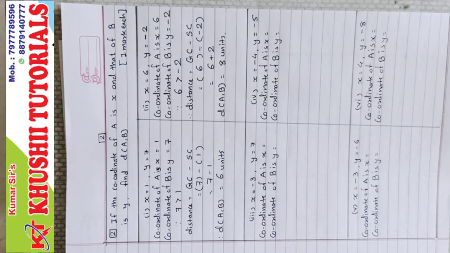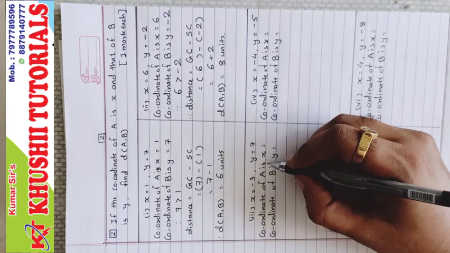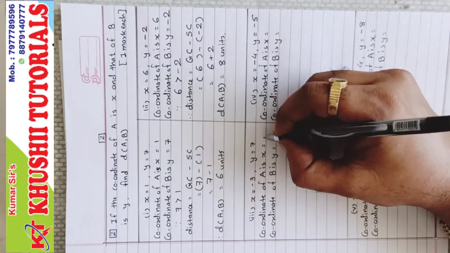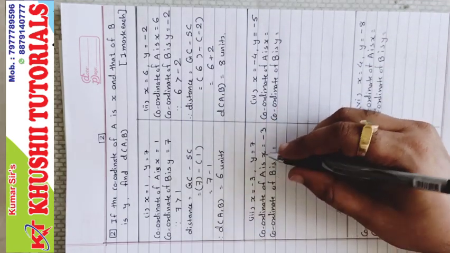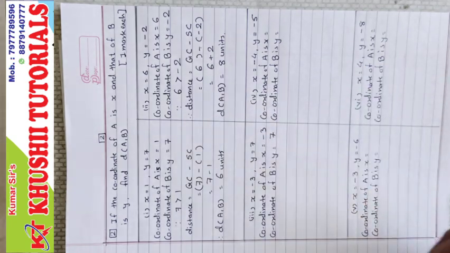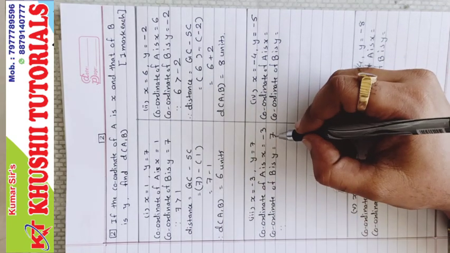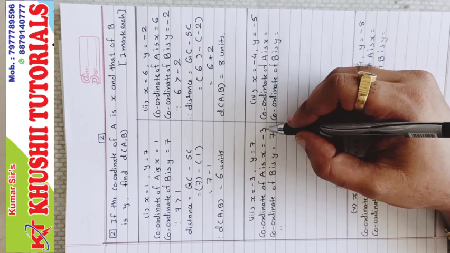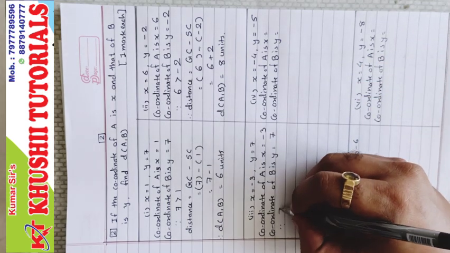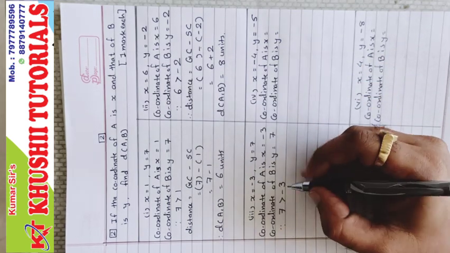The next one, the third one, coordinate of A is x and x is minus 3. Coordinate of B is y and y is 7. Now comparison, again we know positive number is greater than any negative number. So 7 is greater than minus 3.